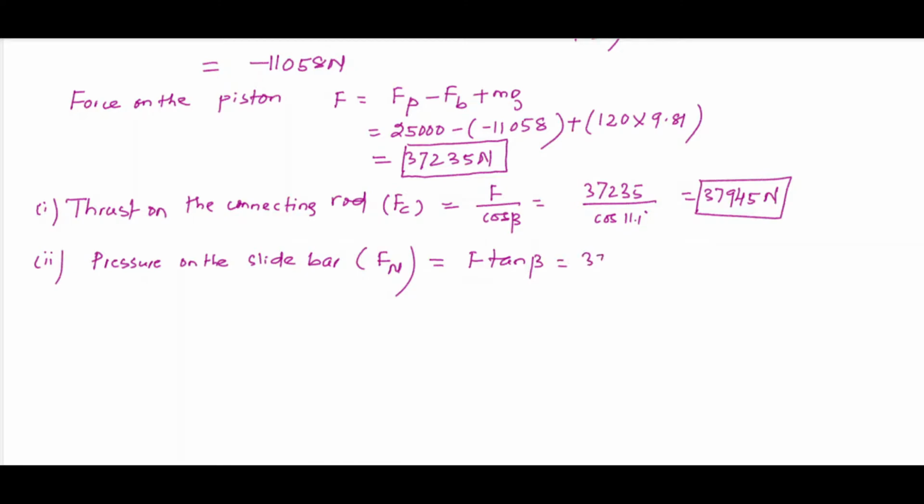So 372.35 of tan 11.1. So you will get a value of this Fn as 7305. You please recheck, there may be mistake on my end.